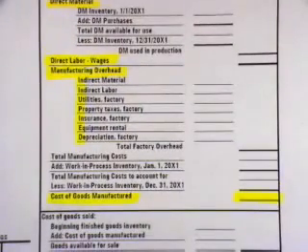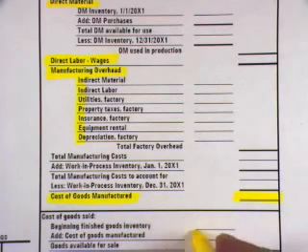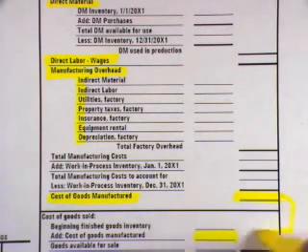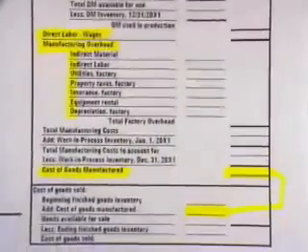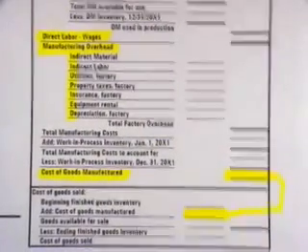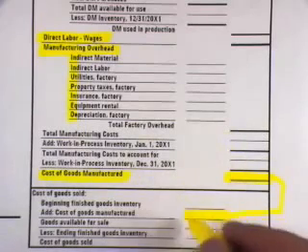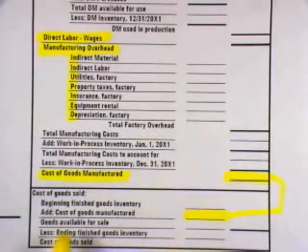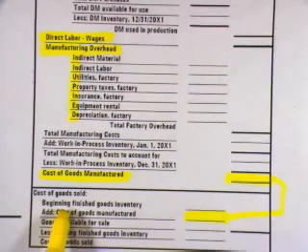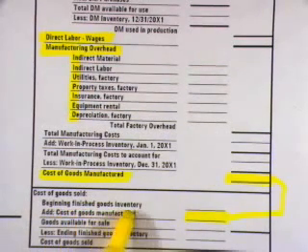Then once we know what the cost of goods manufactured is, we can plug it into the calculation of cost of goods sold. So it's eventually going to go right here. This is cost of goods manufactured that came off of the statement above, along with the beginning finished goods inventory and the ending finished goods inventory.